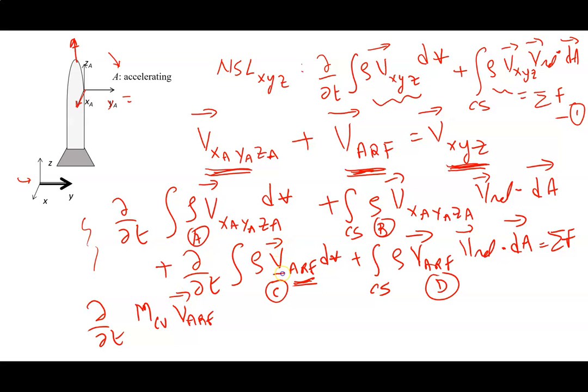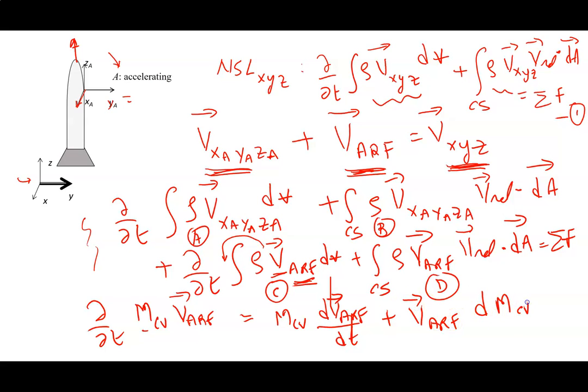This velocity I can pull out of my integration, and what's left over is simply the mass of the control volume. This I can write as the product of two terms: m_cv times dV_ARF/dt plus V_ARF times dm_cv/dt. This just comes from the product rule in calculus.